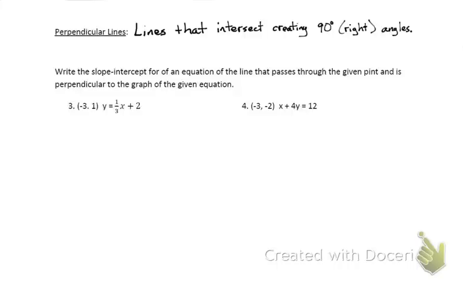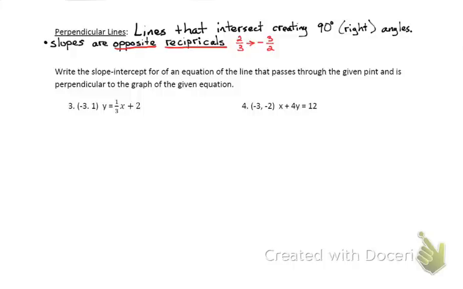Again, some bullet points here to know about perpendicular lines. The first bullet point is that their slopes are opposite reciprocals. So perpendicular lines have opposite reciprocals for their slopes. Now, an example of what opposite reciprocals look like would be the opposite reciprocal of 2/3 would be negative 3 over 2.